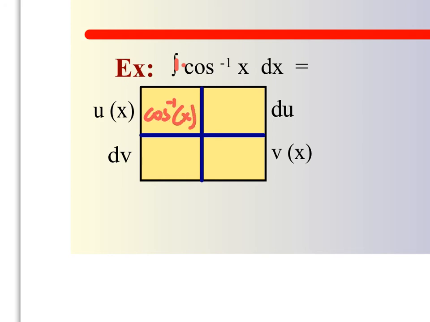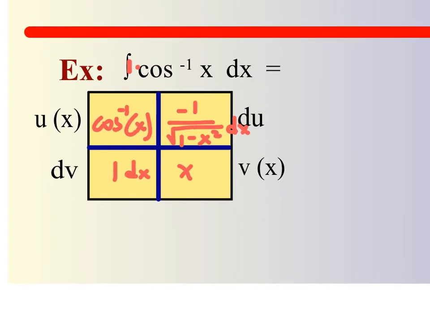The derivative of inverse cosine is -1 over the square root of 1 minus x squared dx. So dv will be 1. That means we would have x, 1 dx. Therefore, we would have x as v.